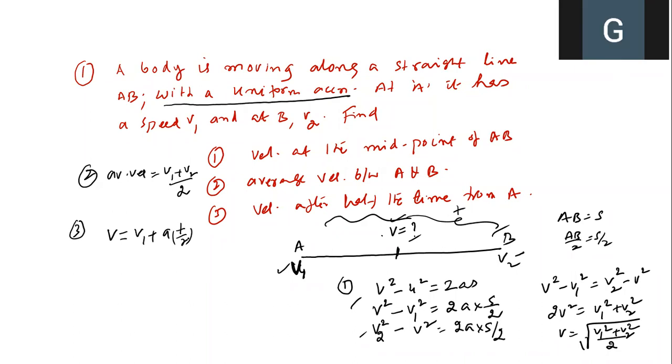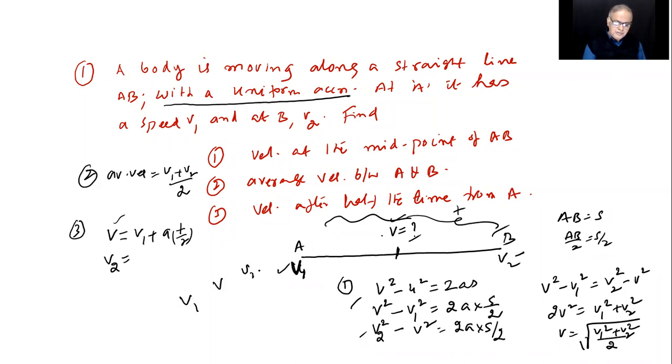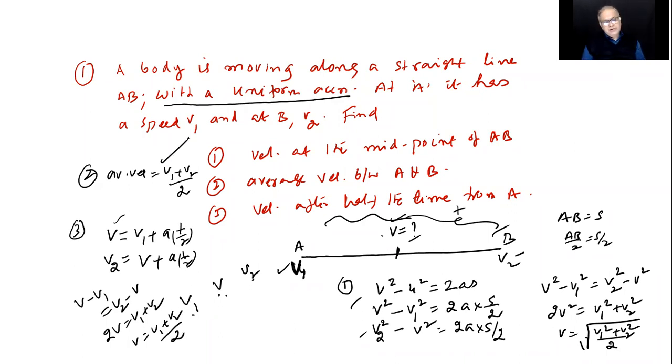Later, v2 equals initial velocity, which will be v now, plus a into the remaining t by 2. Make them equal: v minus v1 equals v2 minus v. So 2v equals v1 plus v2. v equals (v1 plus v2) by 2, which is same as the average velocity.